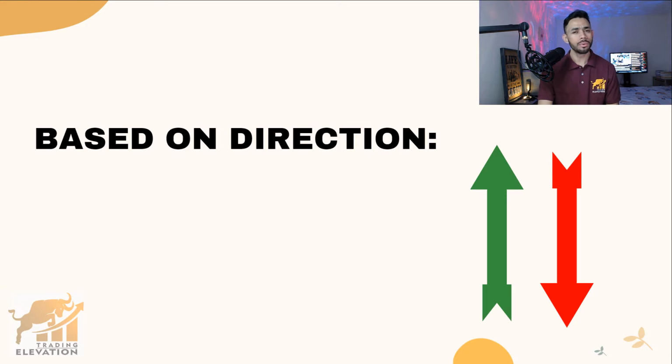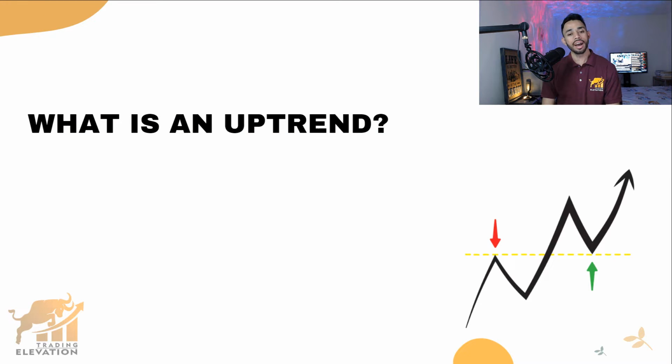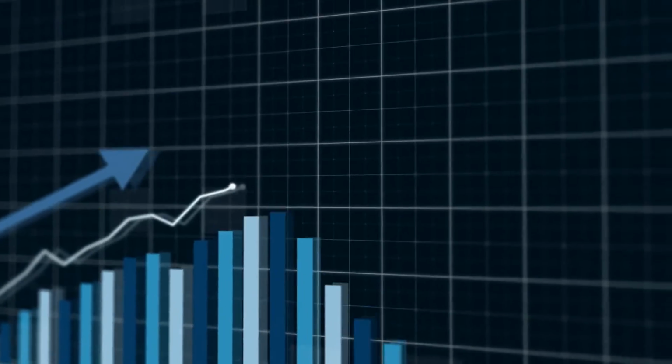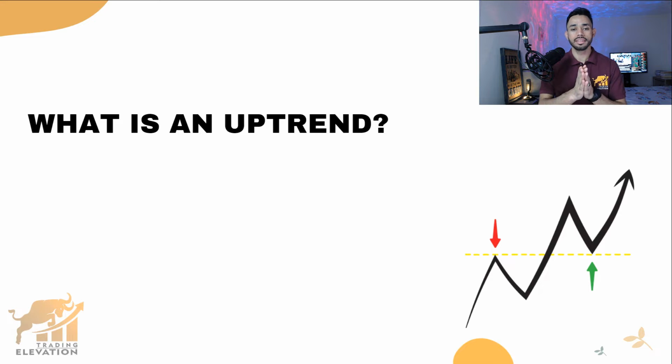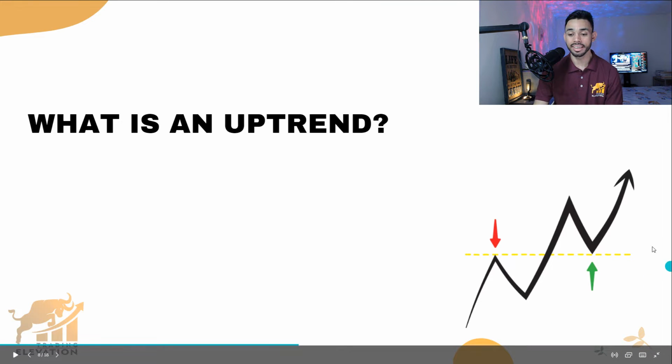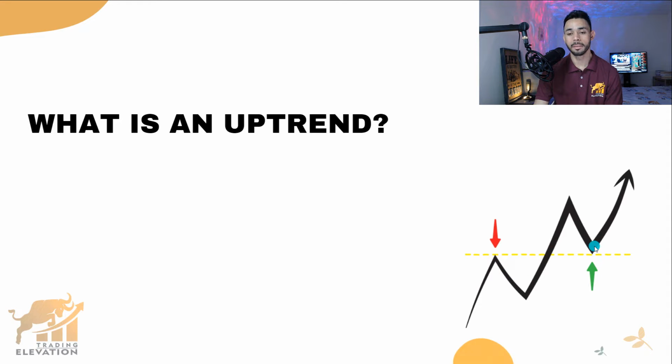Okay, and what does that mean? An uptrend is a trend where the price increases as the market is moving forward. And how do we determine that a market is in an uptrend? When the market is in an uptrend, it usually makes higher highs and higher lows.